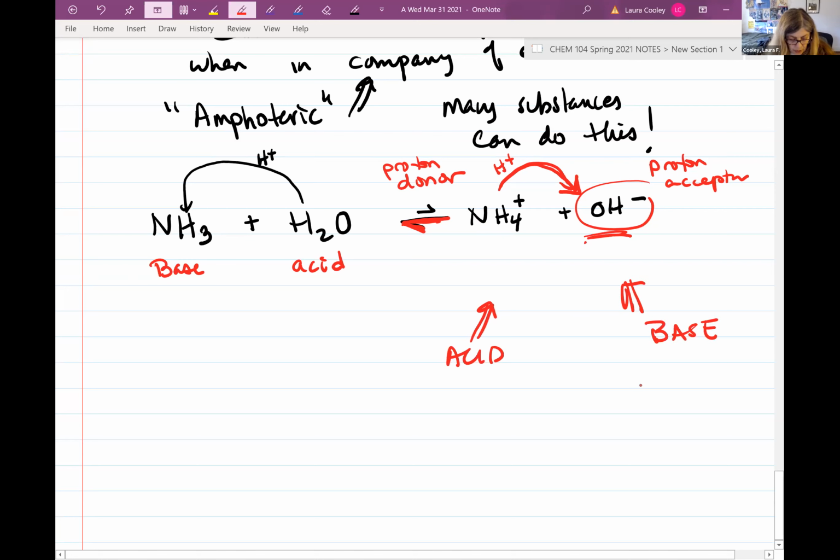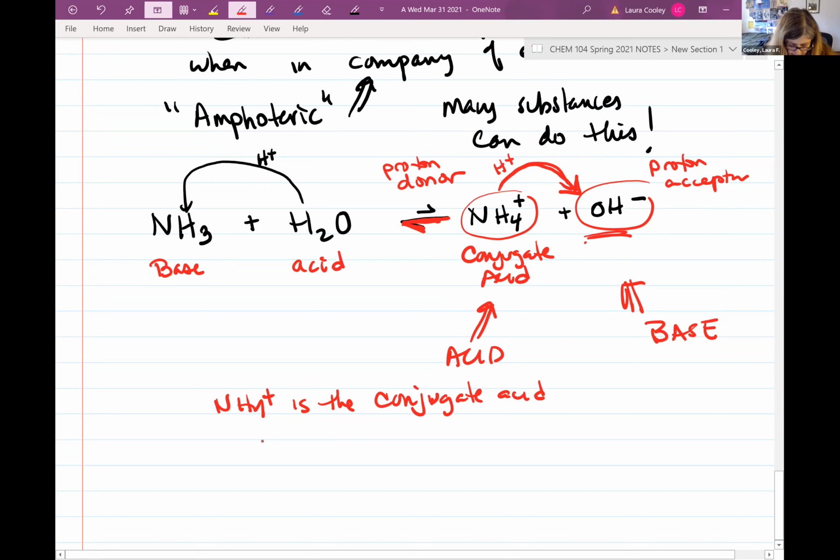But what we do is we label this ammonium here as the conjugate acid. It's the conjugate acid to the base ammonia.